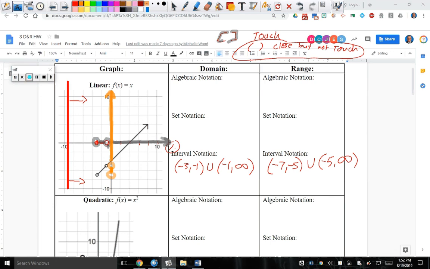Okay? Alright, from here, I want to change interval notation to algebraic notation. Okay? So let's go with Megan. How would I change -3 to -1 into algebraic notation?